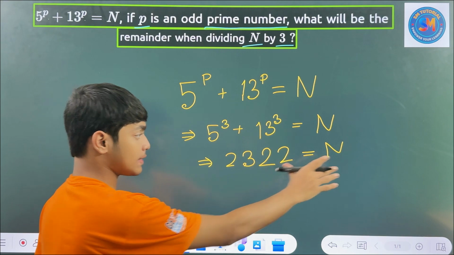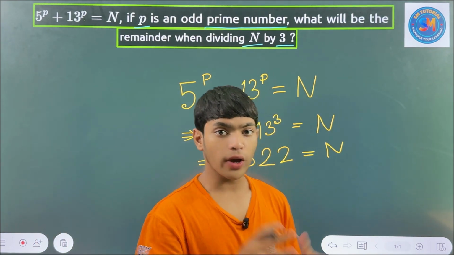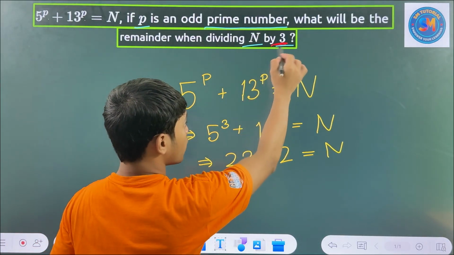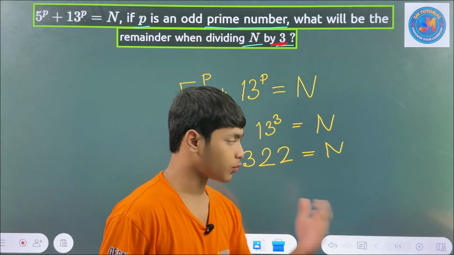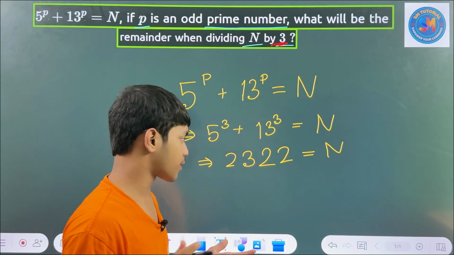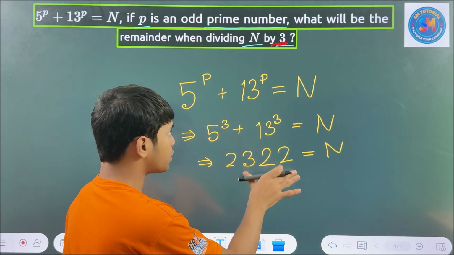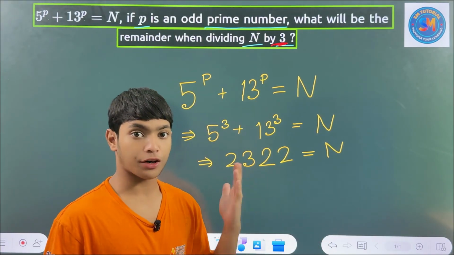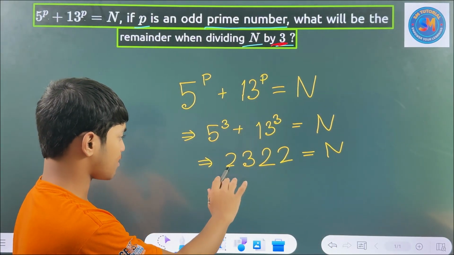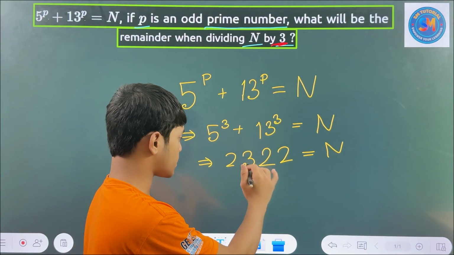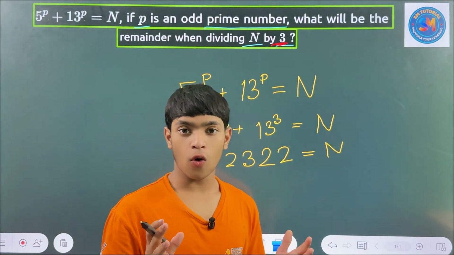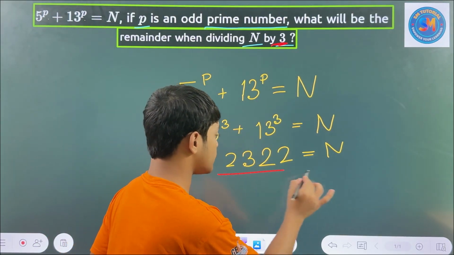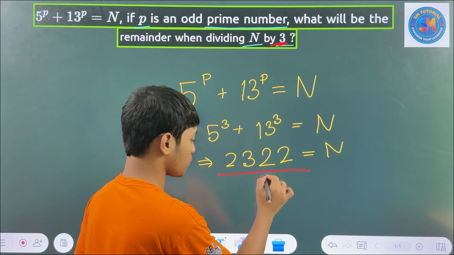And then this is the value of n, and we have to divide it by 3. Okay, we have to divide the value of n by 3, and then we'll find what the remainder is. So first of all we will check is it divisible by 3 or not. The summation of these digits is 9, so the whole number is divisible by 3.